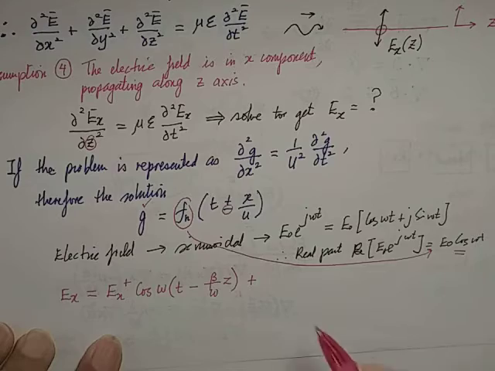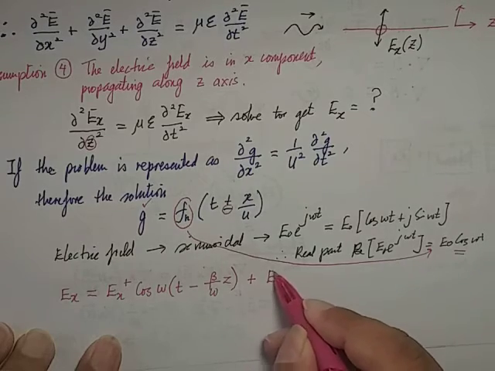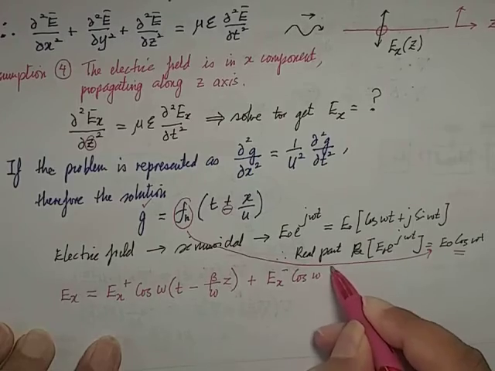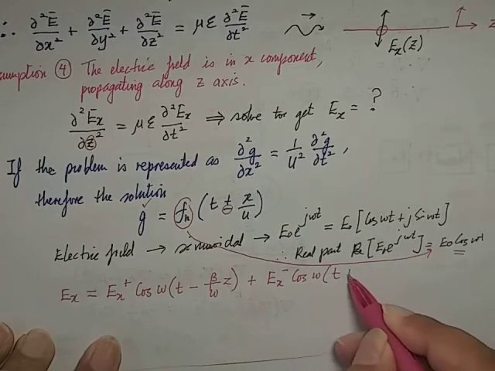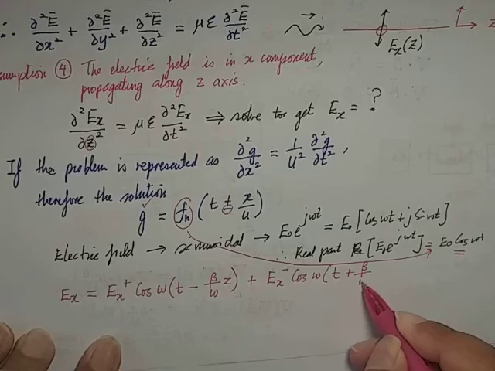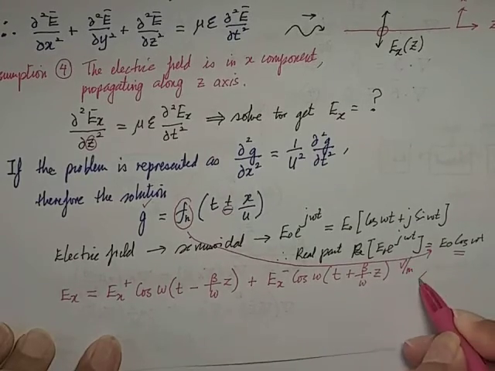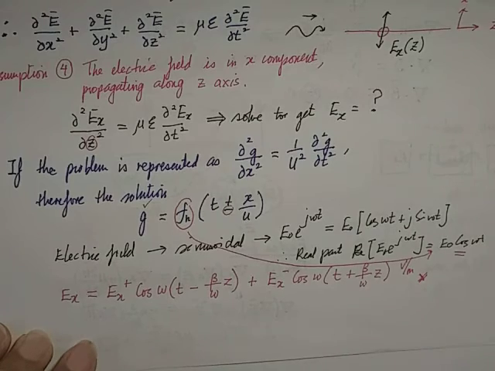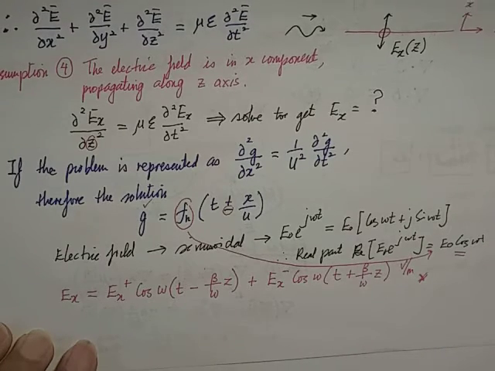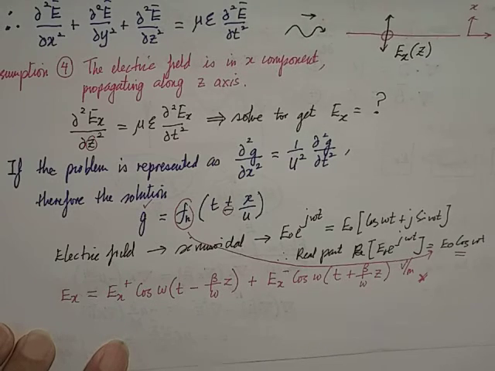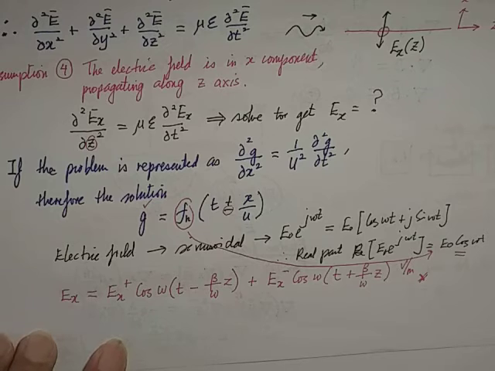I'm going to have Ex negative cos omega t plus beta over omega z, volt per meter. So this is our electric field model of the propagation of a wave in the dielectric or free space medium. That's what you need to do. You can see how simple it can be done. So not that difficult. Okay.